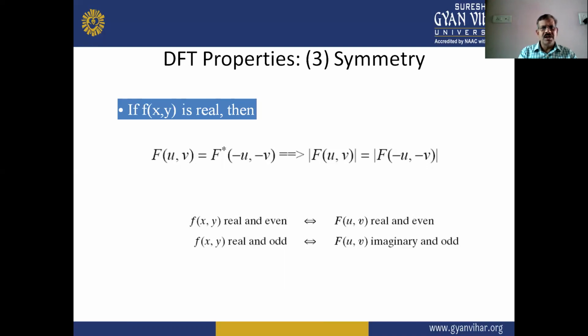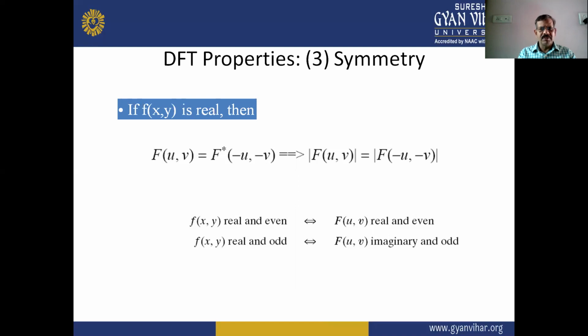The third property of the DFT is symmetry. If f(x,y) is real, then F(u,v) equals F star of minus u, minus v, and the magnitude of F(u,v) equals the magnitude of F(minus u, minus v). If f(x,y) is real and even, then F(u,v) is real and even also.